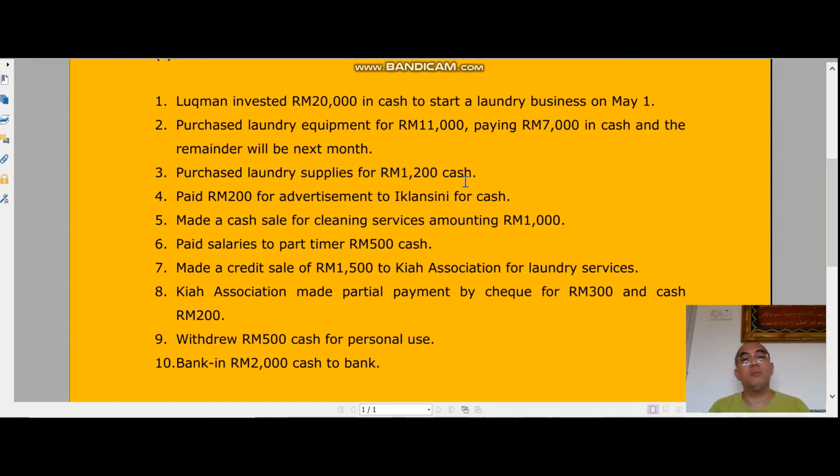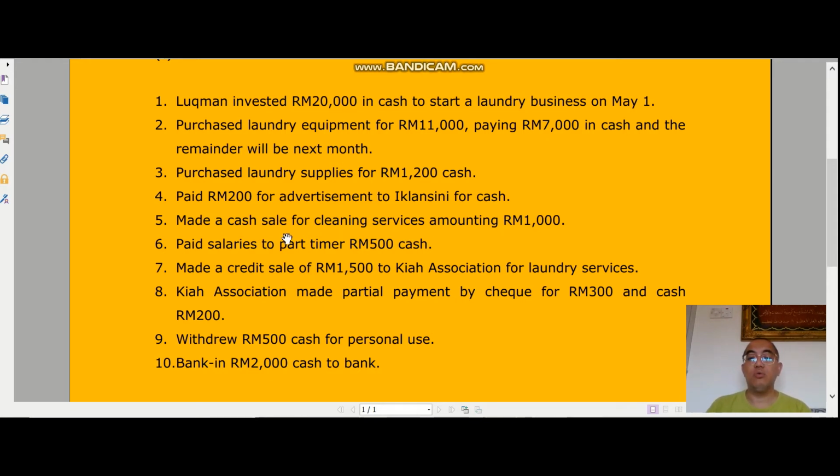Okay, what about number 4? Paid 200 for advertisement. Okay, just now I mentioned about the expenses of the business, the normal operating expenses. One of them is advertisement. So advertisement is an expense. Before this, we don't have any advertisement expenses. So suddenly we now have the advertisement expenses will increase and cash will decrease by 200. Number 5, made a cash sales for cleaning services amounting 1,000.